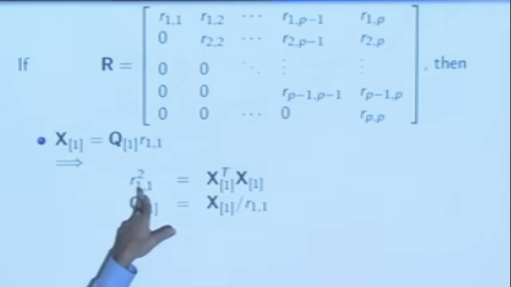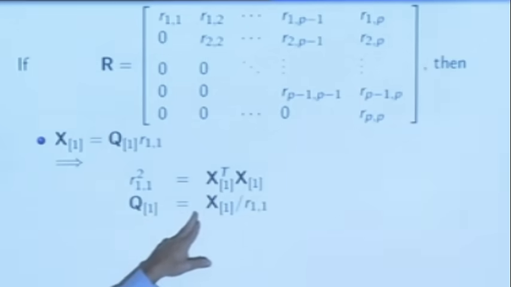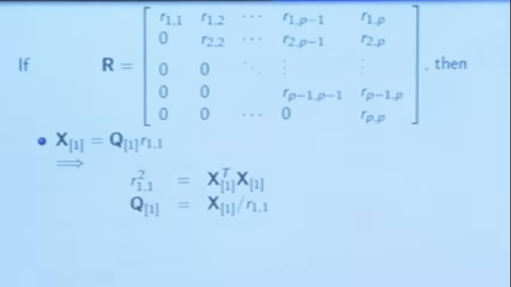We can solve for R11 as the square root of this dot product. And Q1 is simply the first column of X divided by that square root. So this first element of the Q matrix and the first element of R can be solved for right away.